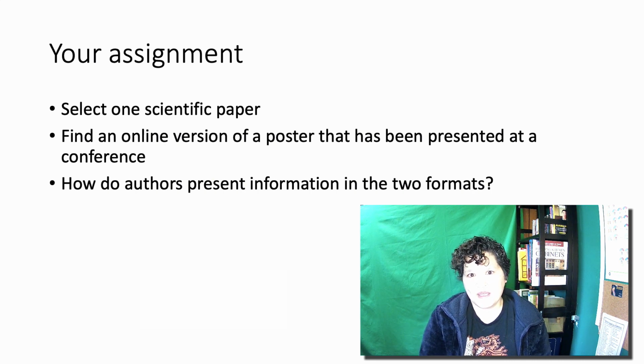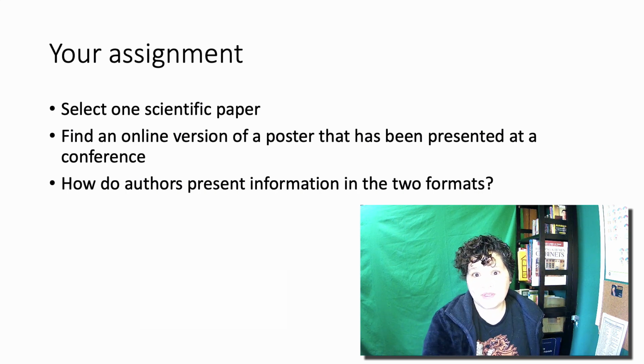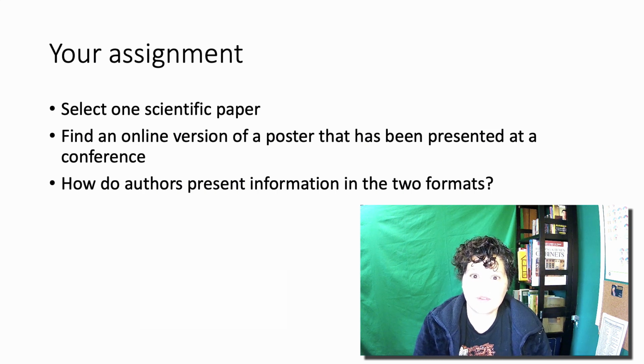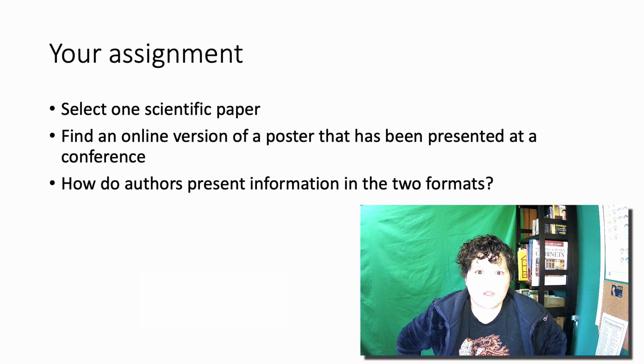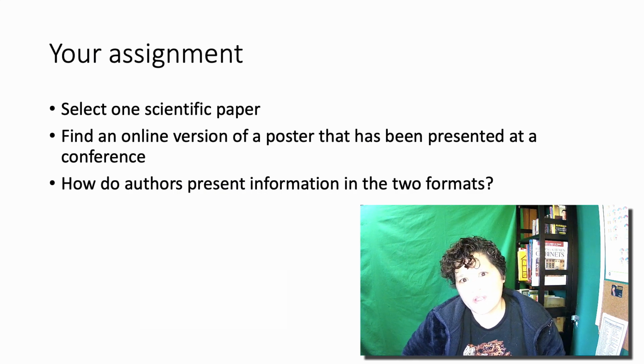So get one of these papers, and then look online for posters that have been presented at conferences. I'm going to encourage you to look at ResearchGate, because a lot of people upload their conference papers to ResearchGate. So if you know someone has presented at a conference, it's a good place to look. And then what I want you to do is go through section by section.